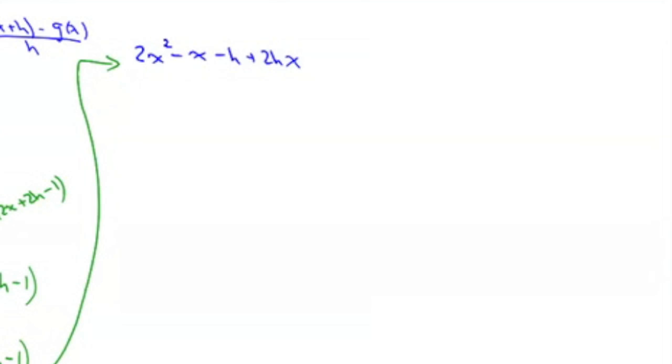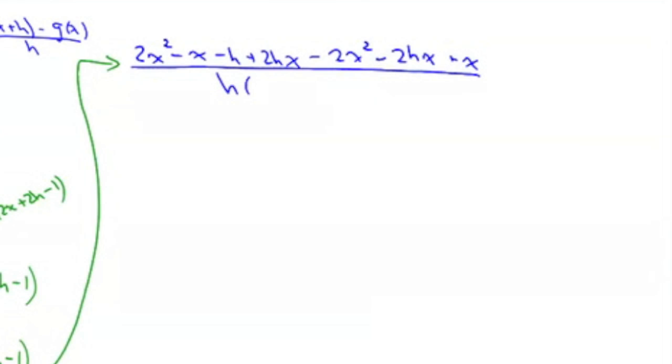Distribute the negative x, so you get negative 2x squared, negative 2hx, and positive x, all over h times 2x minus 1, 2x plus 2h minus 1.